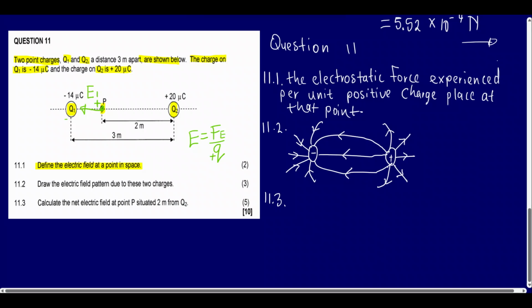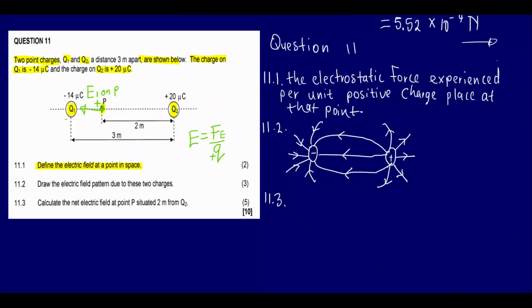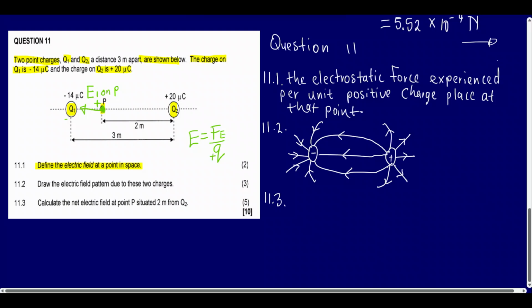So this is going to be E1 on P. We're saying that this is the electric field by charge 1 on the point P. This other charge is positive again. So due to this positive charge, it will experience a repulsive force.